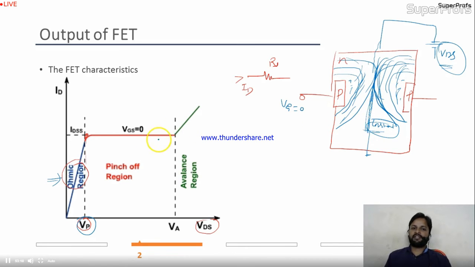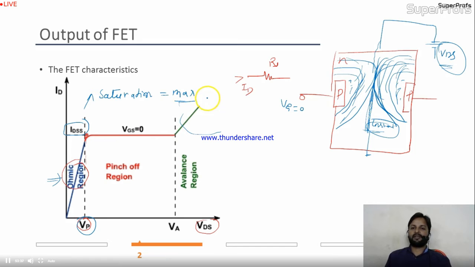This current we call the saturation current, IDSS. Or I can say this is the maximum current. Apart from this, the current can't go higher. We don't generally consider the breakdown region.